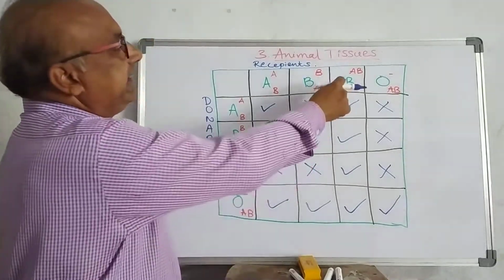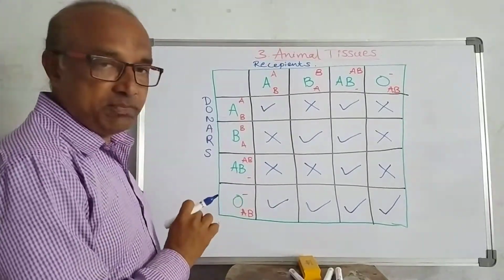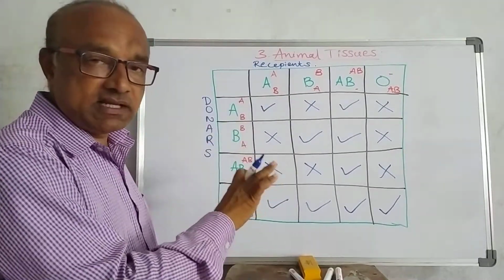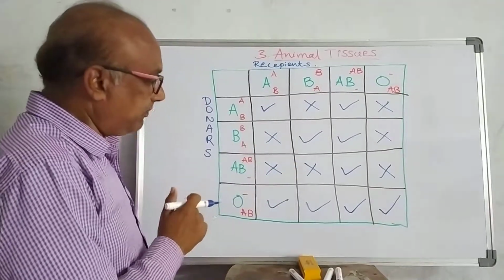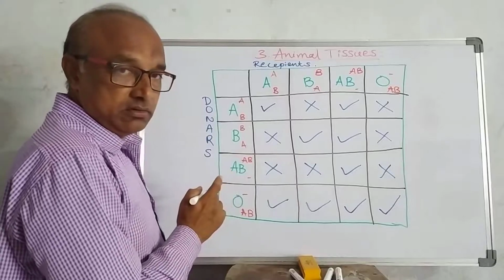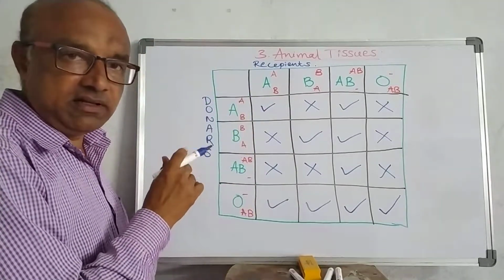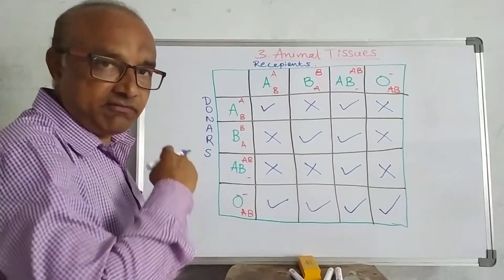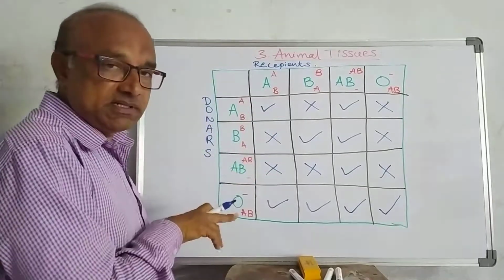One is AB is called universal recipient and O blood group persons are called universal donors, which was proved practically. I hope you understood the checkerboard and the antigen and antibody interaction between them, when there is no formation of clumps, and when there is a formation of clumps.